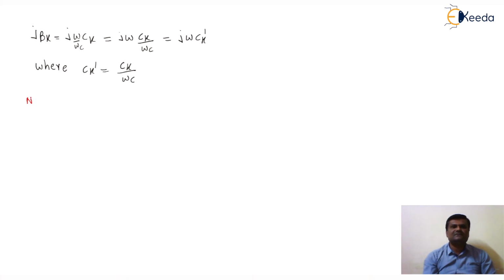Now, applying impedance scaling, the component becomes Lk dash equal to Lk by omega c.